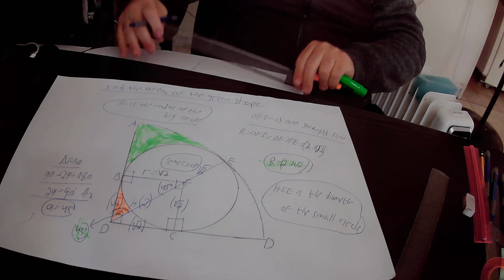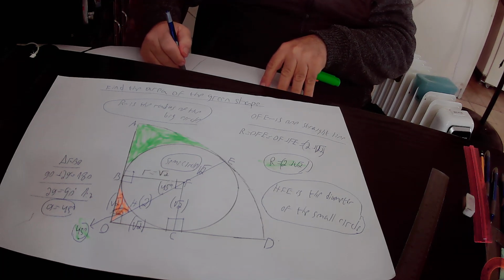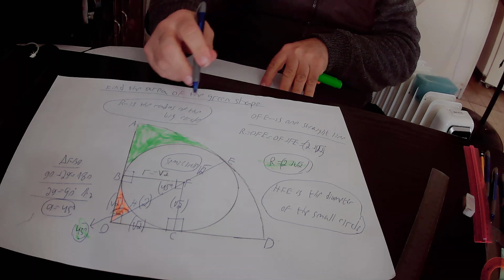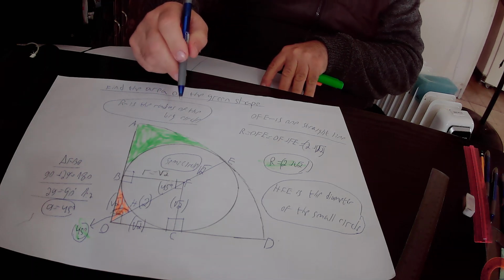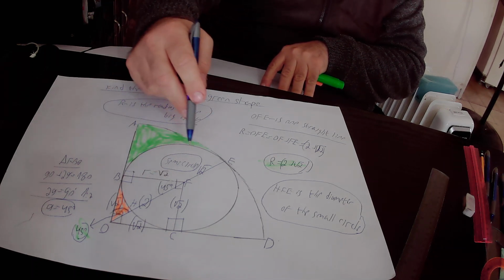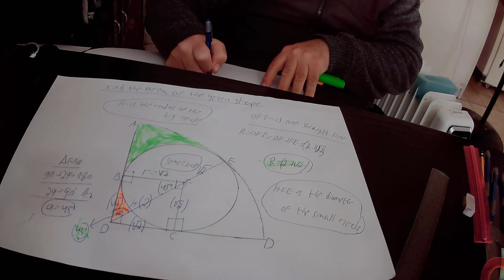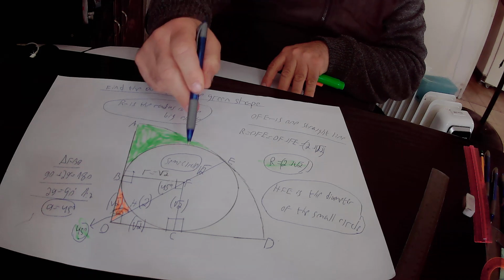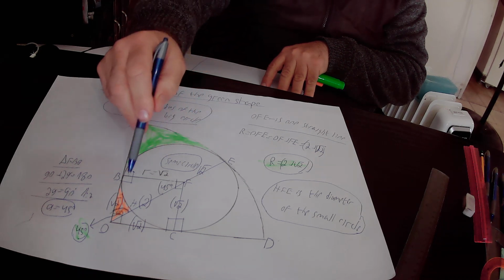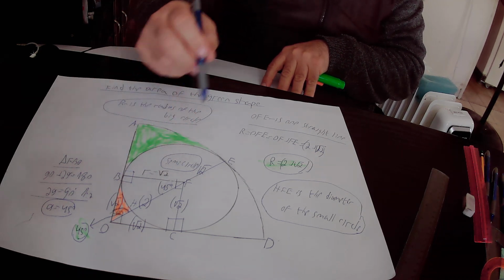From the drawing, it is very easy to see that the area of the orange shape BHO equals the area of the right triangle FBO minus the area of the small sector FBH.